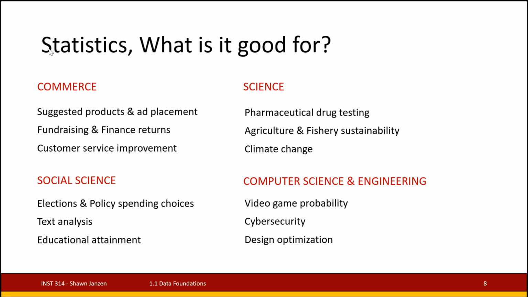If you're looking in the sciences, would you really want to take a drug that hasn't gone through strict, rigorous statistical testing? Well, those side effects have probabilities, and we want to know what they are. Climate change is a big issue, whether you believe in it or not, and there's going to be an array of statistics to support your argument for either side. Social sciences are obsessed with things like elections and policy spending, and text analysis.